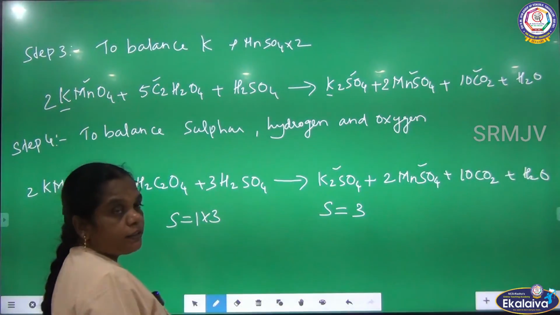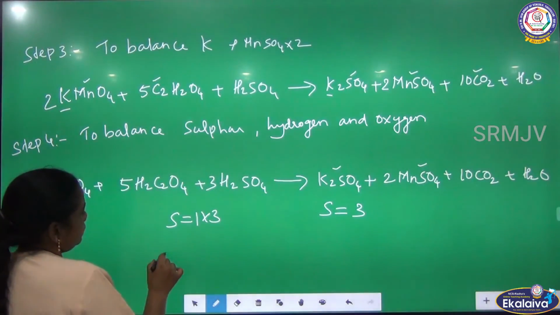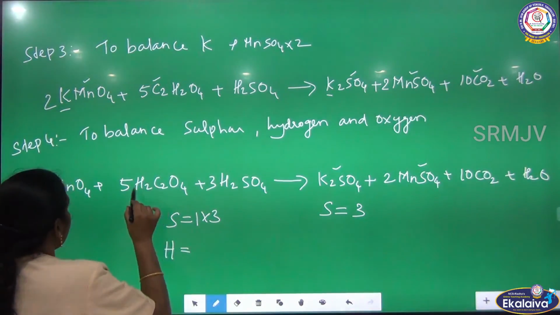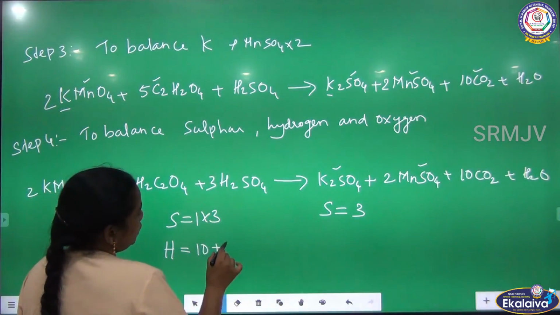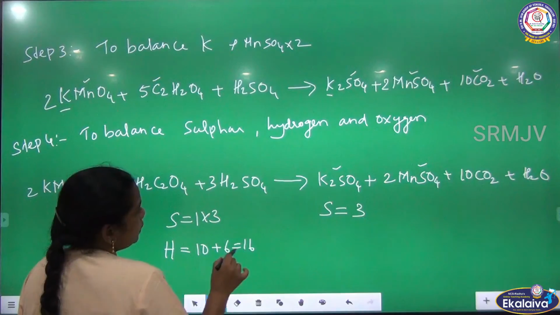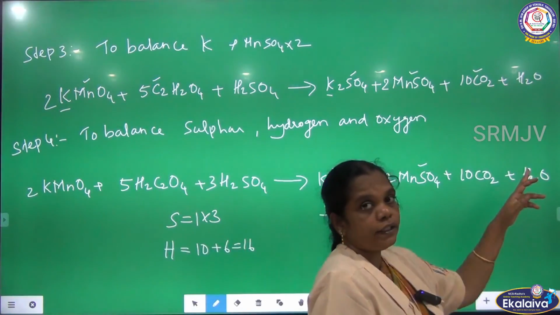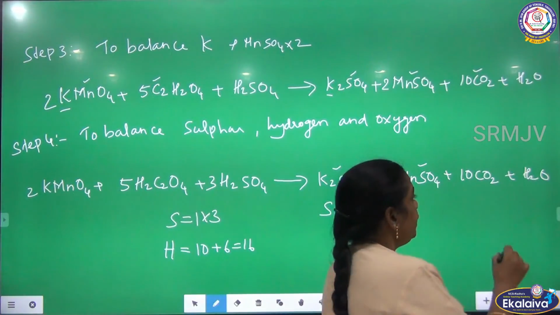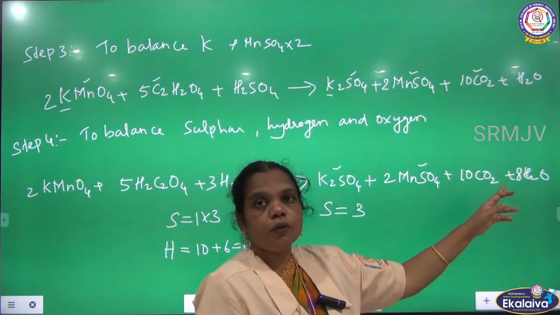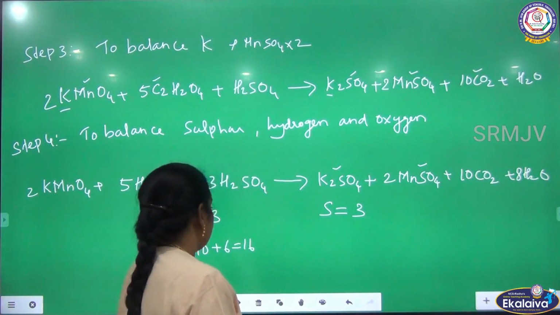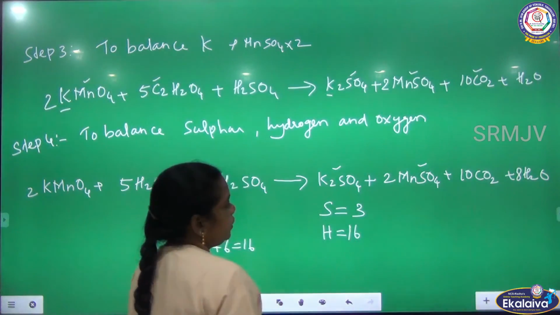If you multiply this by 3, hydrogen becomes: here 5 2s are 10 plus 3 2s are 6, 16. So here you have only 2 hydrogen. So this can be multiplied by 8. If you multiply by 8, you will get 16 hydrogen. Now hydrogen equals 16.